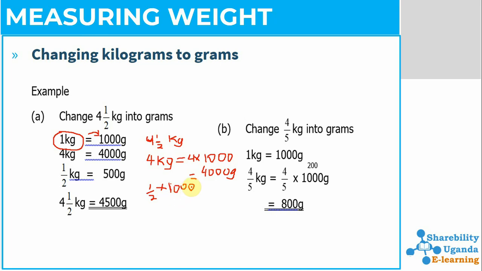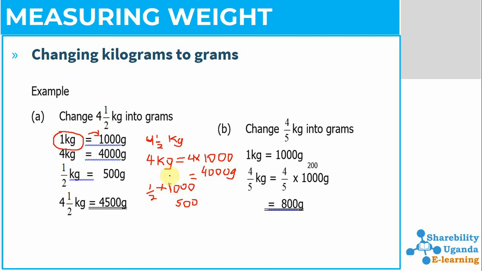So here we shall come up with 1 divided by 2 times 1,000, which gives us 500.